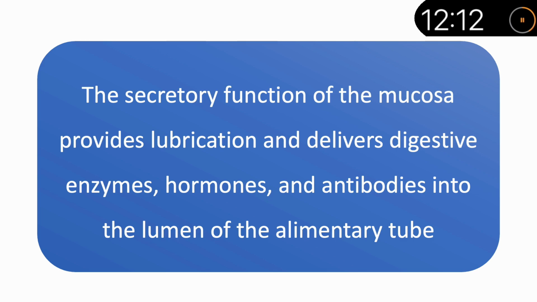The mucosal epithelium also secretes antibodies that it receives from the underlying connective tissue. The glands of the alimentary tract develop from invaginations of the luminal epithelium, and they include mucosal glands, submucosal glands, and extramural glands.